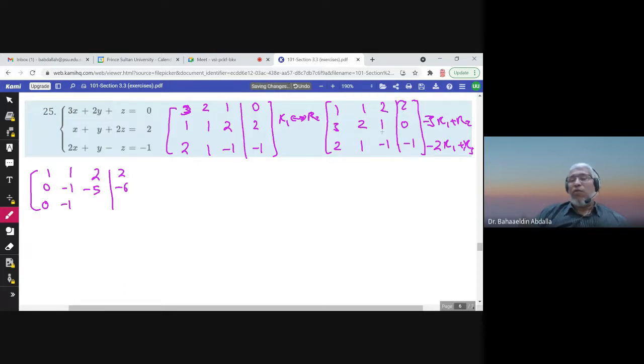Negative 4 plus minus 1. So I can tell here that the system has no solution because I have negative 1, negative 5, but these two numbers are different. Anyway, I will write it in the reduced form.